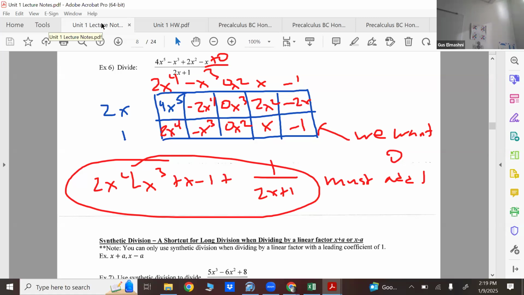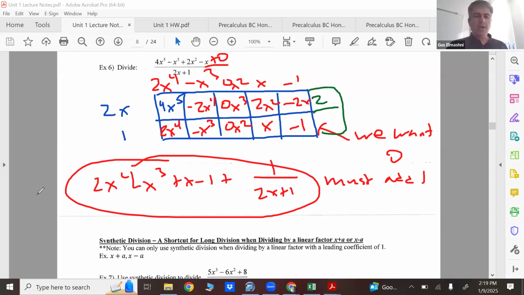I need 0 as my last term, but right now that's a negative 1. So what am I going to add to negative 1 to make it 0? 1. And that's your remainder. That's how it works. So sometimes we do add an extra column just to finish it off. If that makes sense.